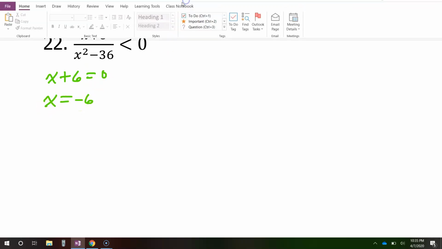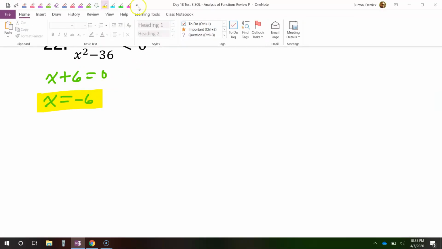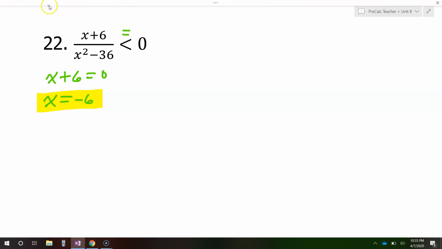So that is one critical value right there, x equals negative 6. We can get more critical values by paying attention to what x cannot equal. For example, the denominator can't equal 0.